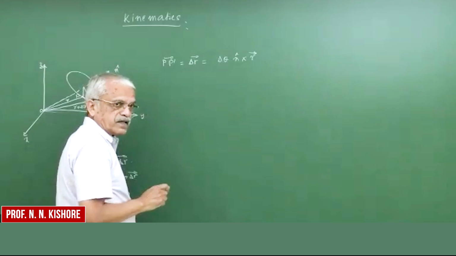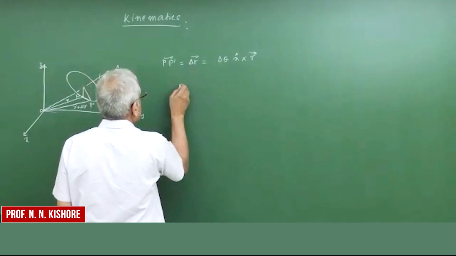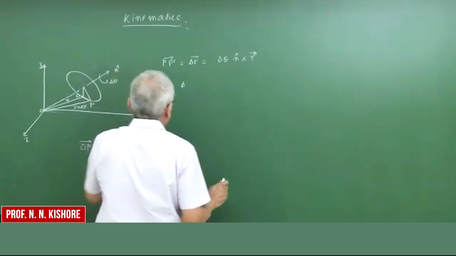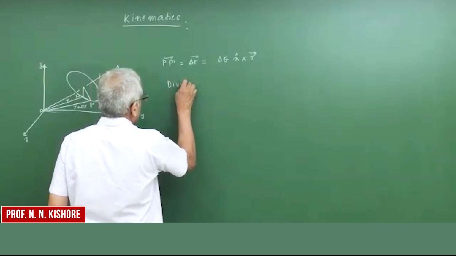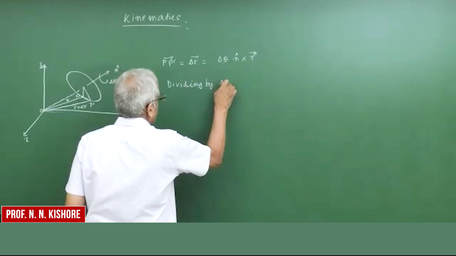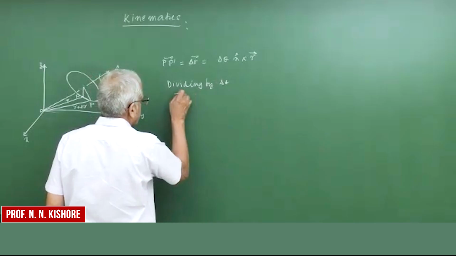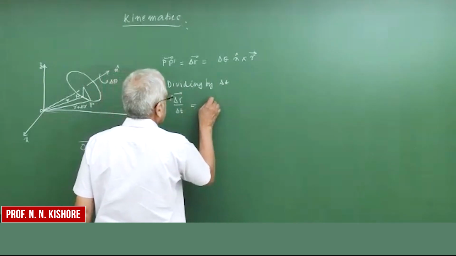And then if you take a quotient with time, dividing by delta t, then we get delta r by delta t.